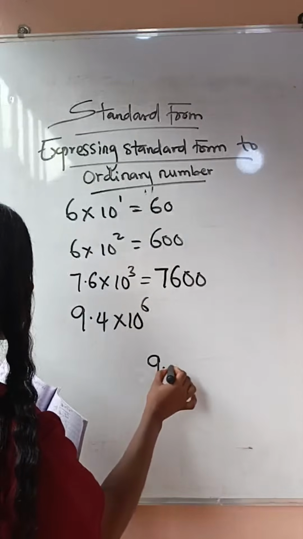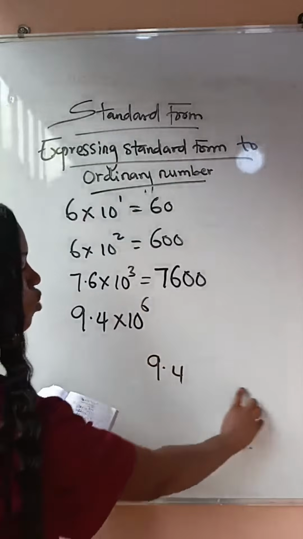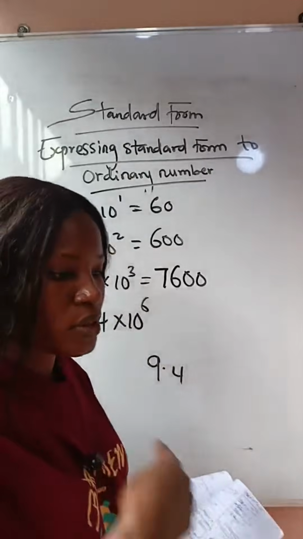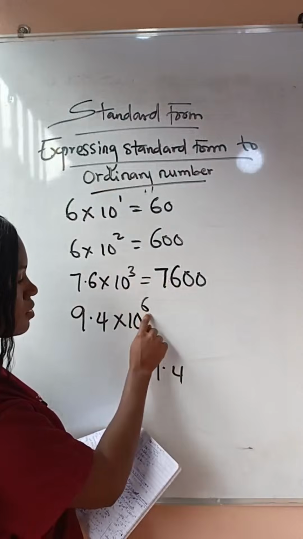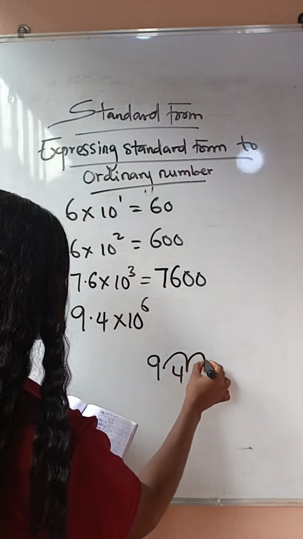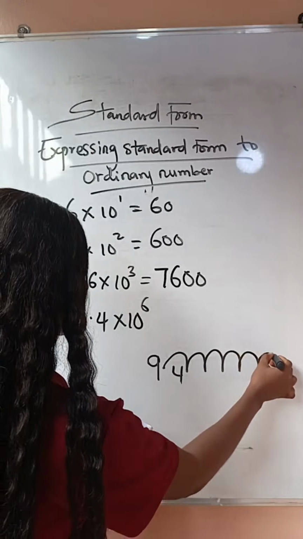So we have 9.4. Because this is positive, it means that we are talking about a whole number. So I'm going to move this decimal point to the right. I'll move it to the right 6 times. So I will now do this. 1, 2, 3, 4, 5, 6.